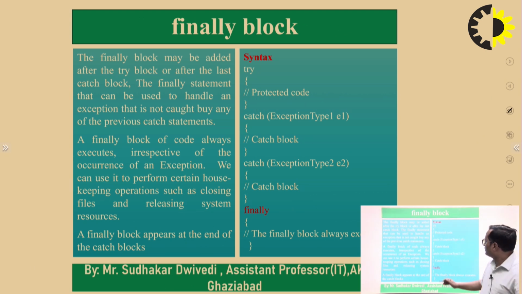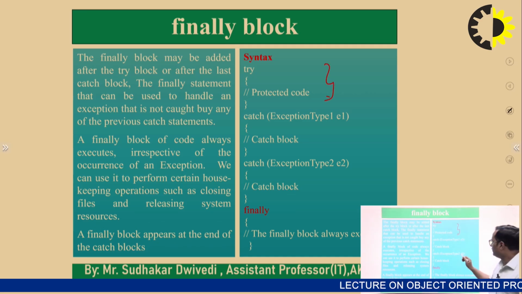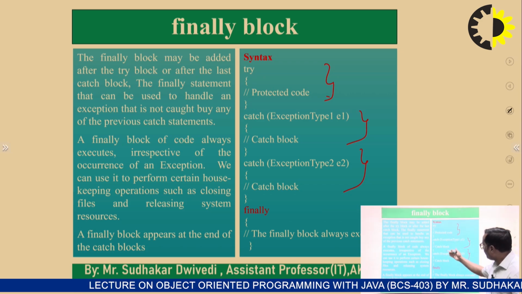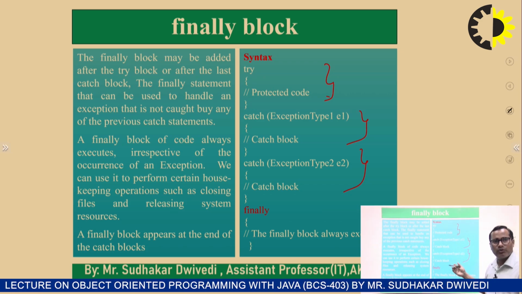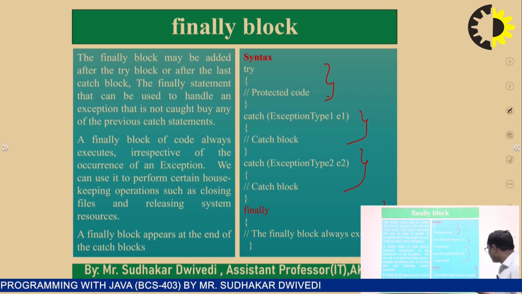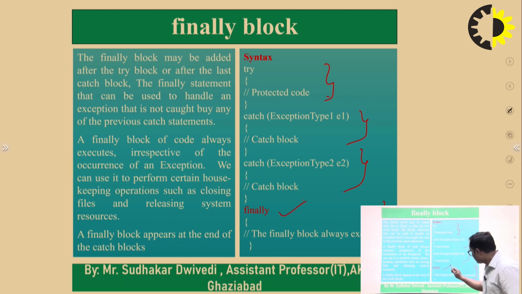So I have said whatever code we need to protect, we need to write it in the try block, and then for handling the exception we need a catch block or multiple catch blocks. And if these catch blocks are not able to handle the exception, then we can also incorporate a block known as the finally block. It also has some special tasks that we will discuss.